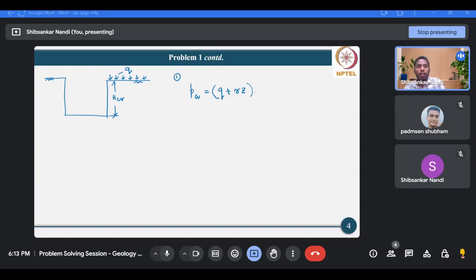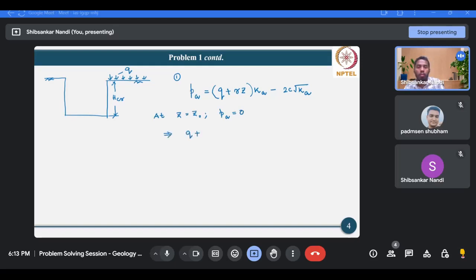So PA equals (Q plus gamma Z) Ka minus 2C root K. Now at Z equals Z0, your PA becomes 0.